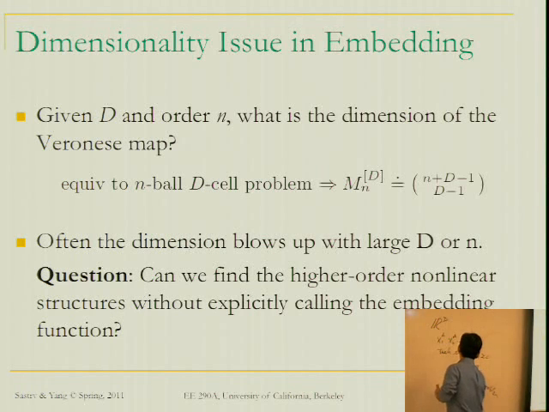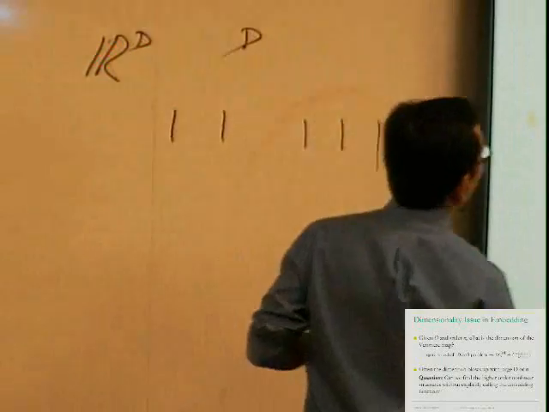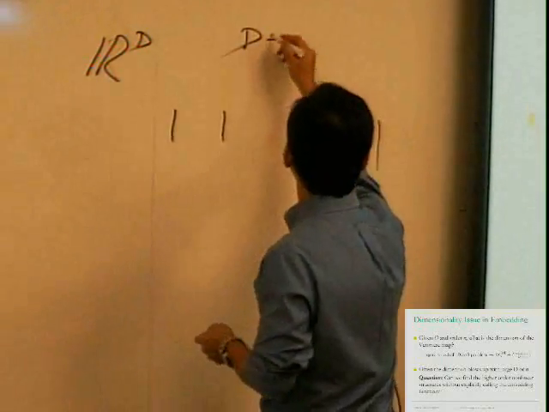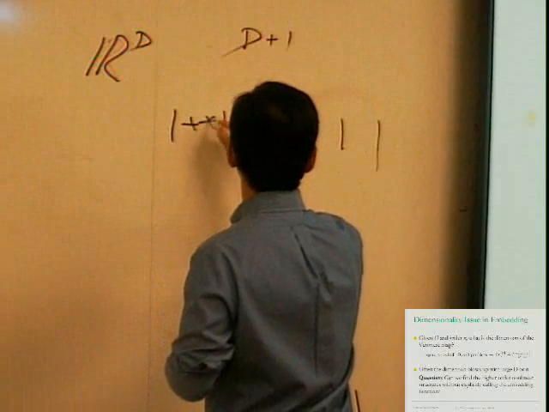So if you forget, the standard solution is to treat the dividers of the cells and the balls equally. If you have D cells, you're going to have D plus 1 dividers, and then you're going to have n balls.